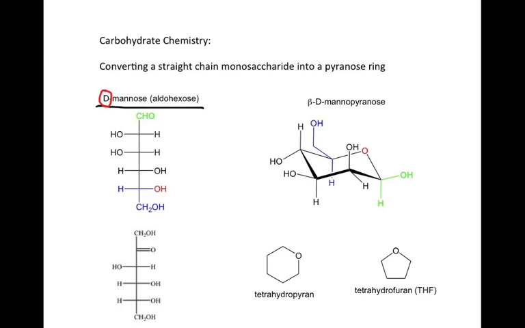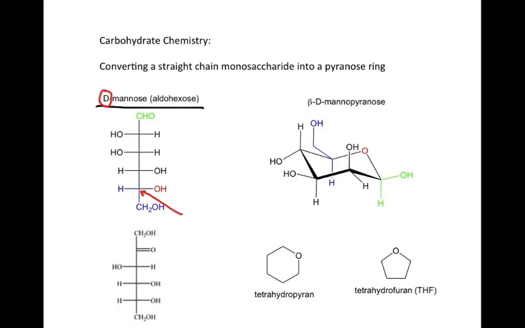That D really signifies the orientation of our hydroxyl group at the last chiral center, lowest in the molecule. So again, here we're looking at a Fischer projection, and this is the way carbohydrates are normally viewed. And in the Fischer projection, when we talk about D, we're looking at the orientation of the OH group at the last chiral center, right above the CH2OH.